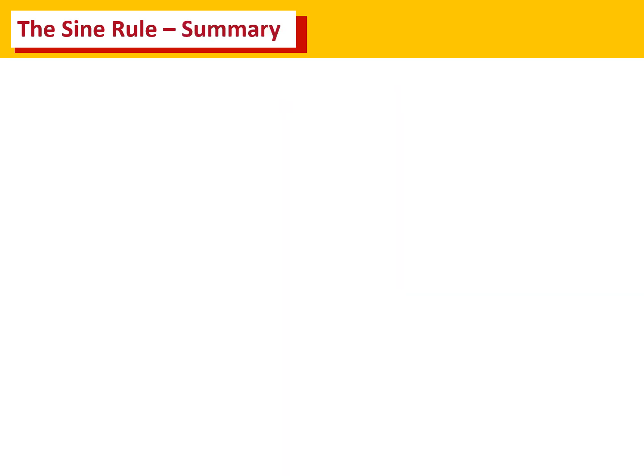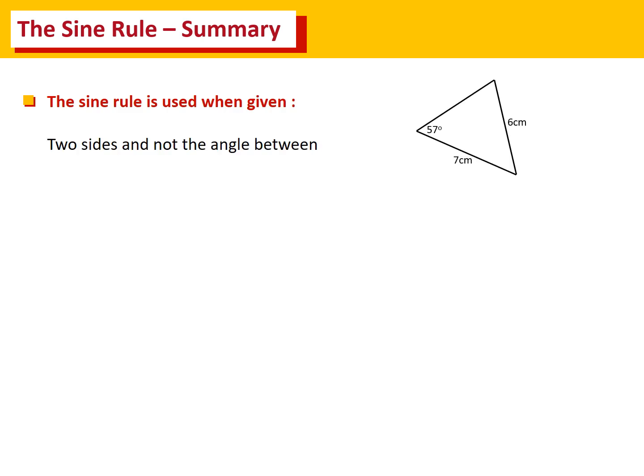So to recap, the sine rule is used when we have two sides and the angle not between those two sides, or two angles and one side. That's a more formal explanation, but in actual fact we would use the sine rule when we are given one angle and the opposite side.